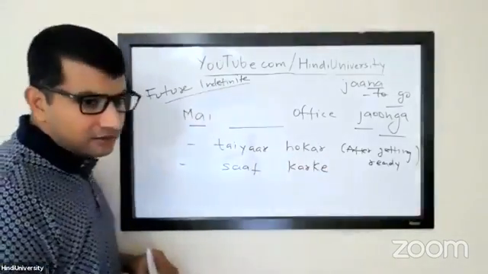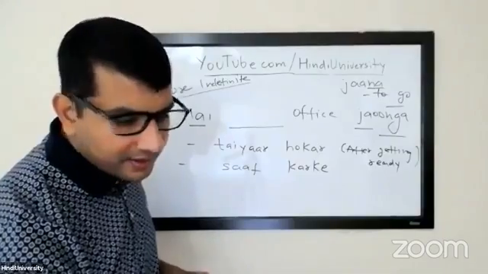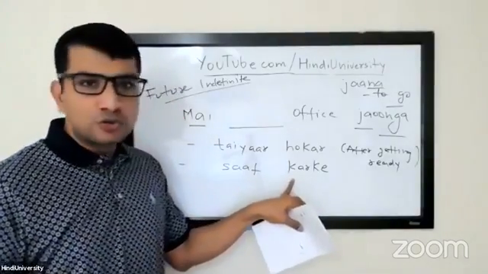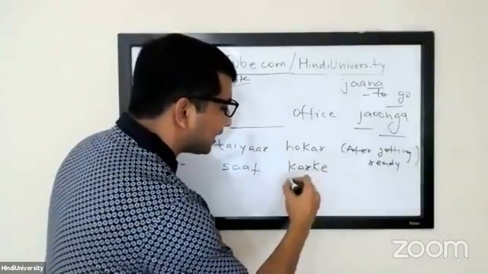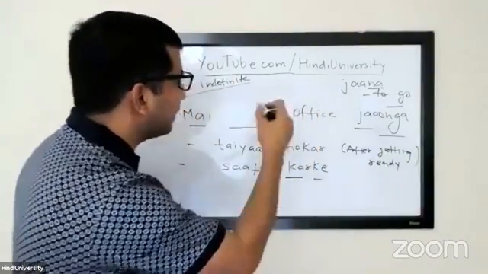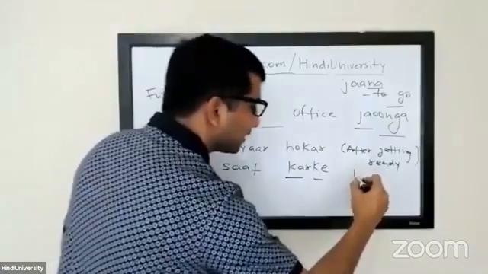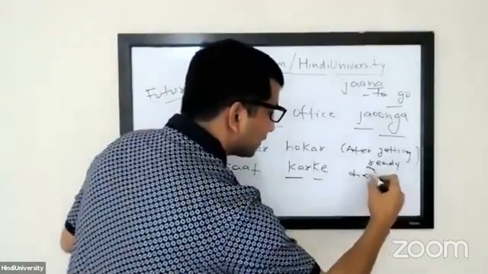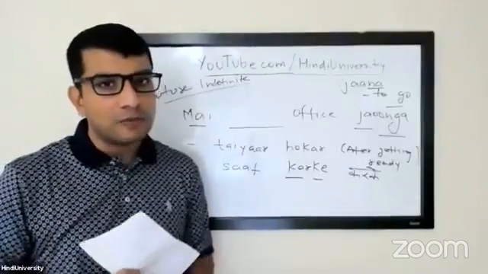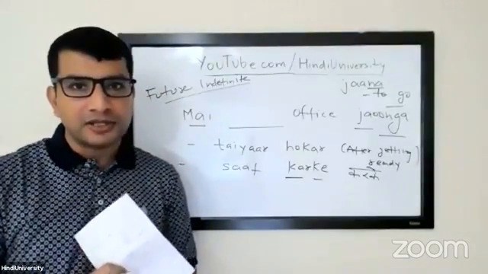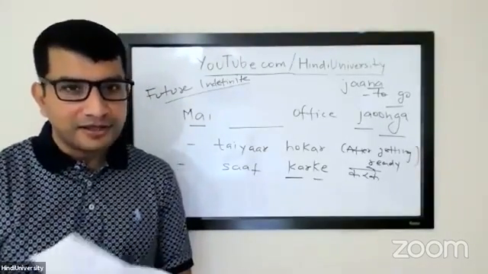You probably hear some native speakers say kar as well, but that sounds redundant. So it's basically karke. So मैं घर साफ करके ऑफिस जाऊंगा और मैं घर साफ करके ऑफिस जाऊंगी. Got it. Thank you.